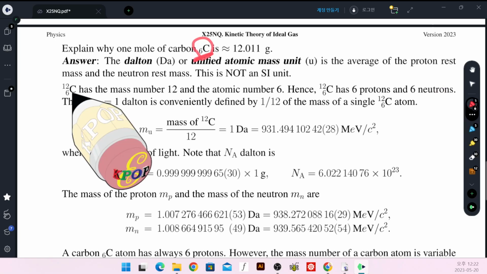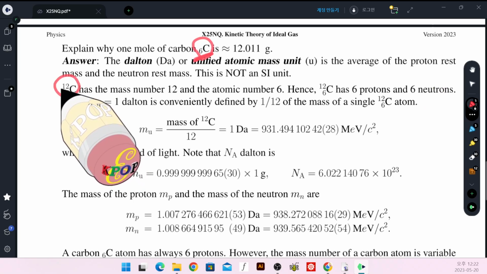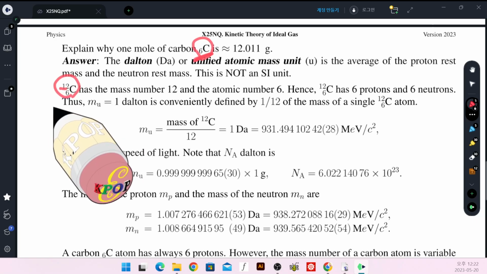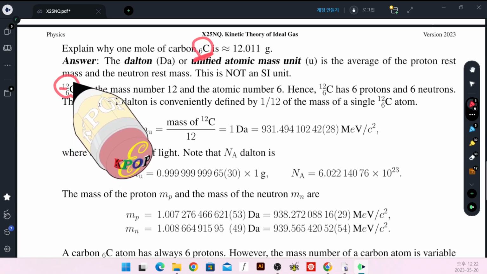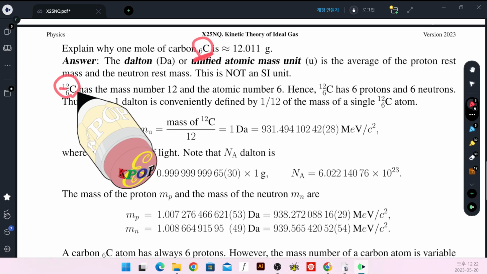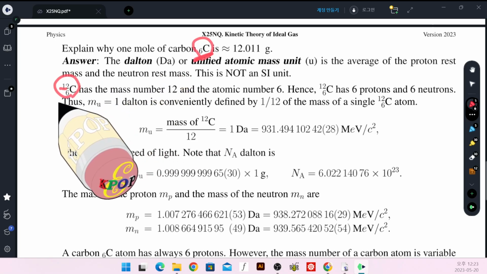For example, carbon has 6 protons, and this is mass number 12. 12 is the number of nucleons in a single atom. So the C12 atom has 6 protons and 6 neutrons. So it is very useful.